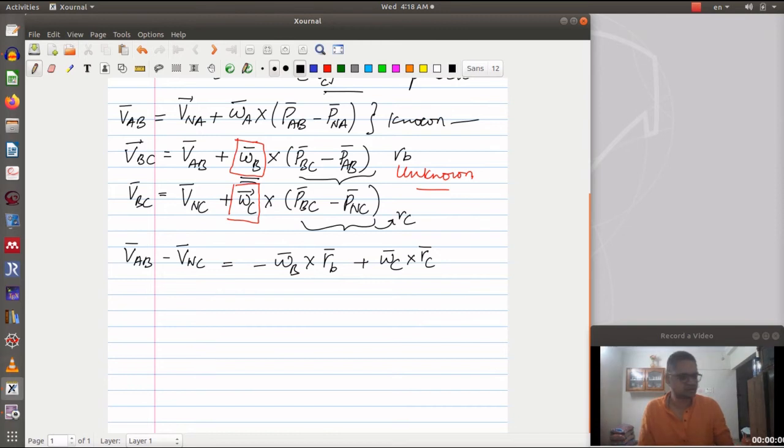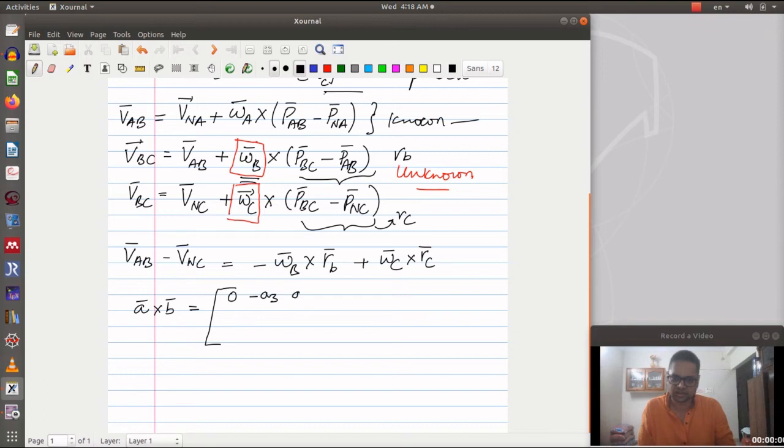Now we have discussed earlier that when you are writing cross product of two vectors A cross B, this can be written as product of a skew symmetric matrix and a vector.